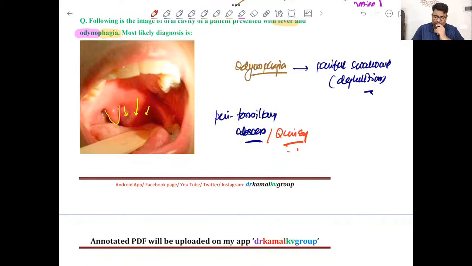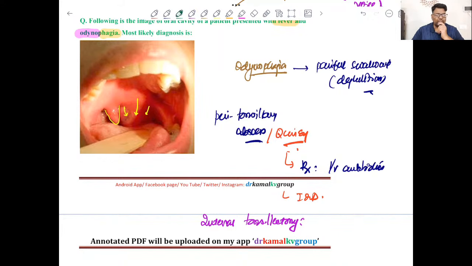And as far as the treatment is concerned, start IV antibiotics. Okay, then we can do incision and drainage, right? And third is interval tonsillectomy.